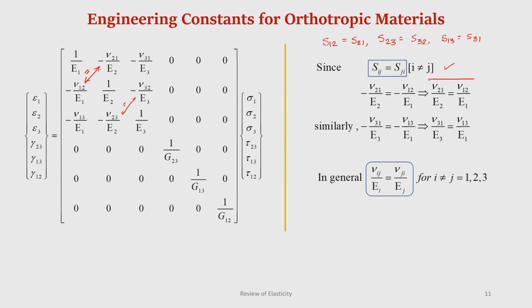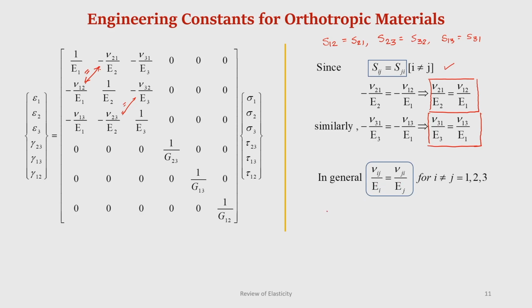That means, as we have discussed, nu 12 and nu 21 are not same, unlike isotropic material, but they are related by this relation. Okay. Nu 21 by E 2 is equal to nu 12 by E 1. Similarly, nu 13 and nu 31 are also bound by this relation. So, in general nu ij by E i is equal to nu ji by E j. So, this is the relationship between the Poisson's ratios.